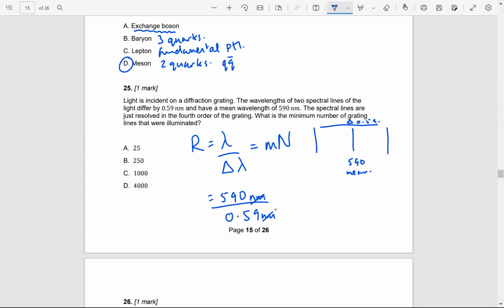They're in nanometers, but they cancel, so we don't need to convert. And that equals mn, where n is the 4th order. Okay, so 590 I'm going to divide through by n.